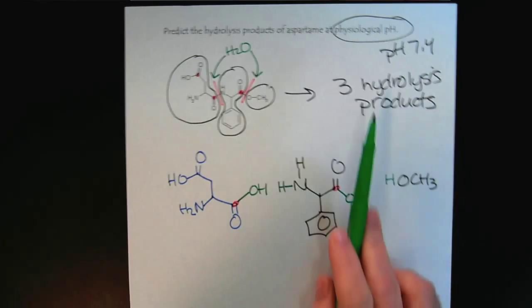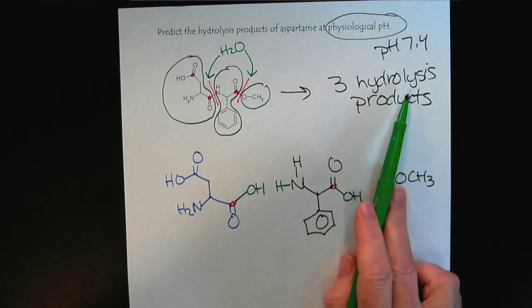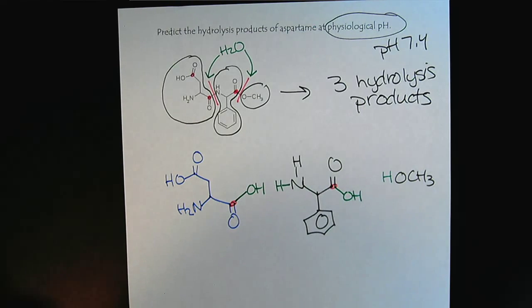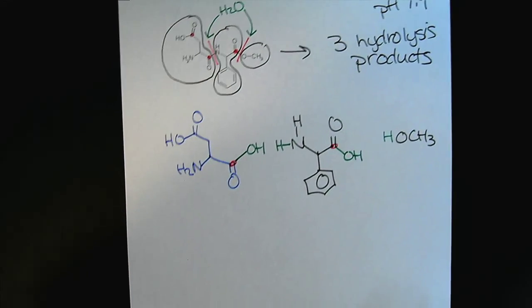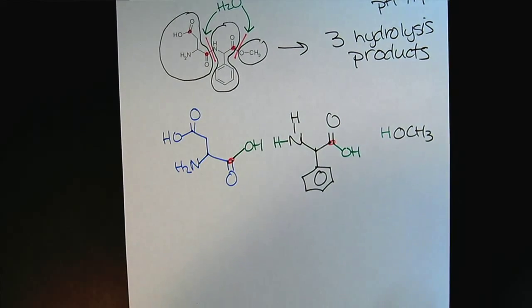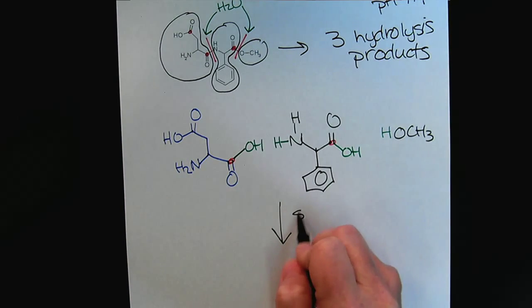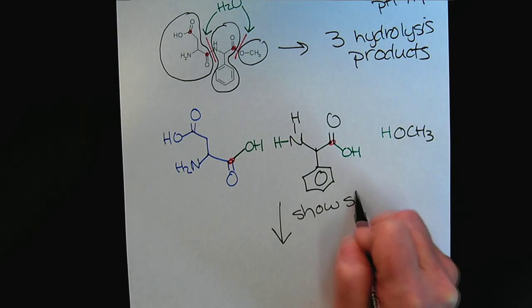So now here's our, we had predicted 3 hydrolysis products. Here they are, 1, 2, and 3. This is the new information that we've learned in this tutorial. And now to finish this up, to get the final answer, we want to show the structures at physiological pH.